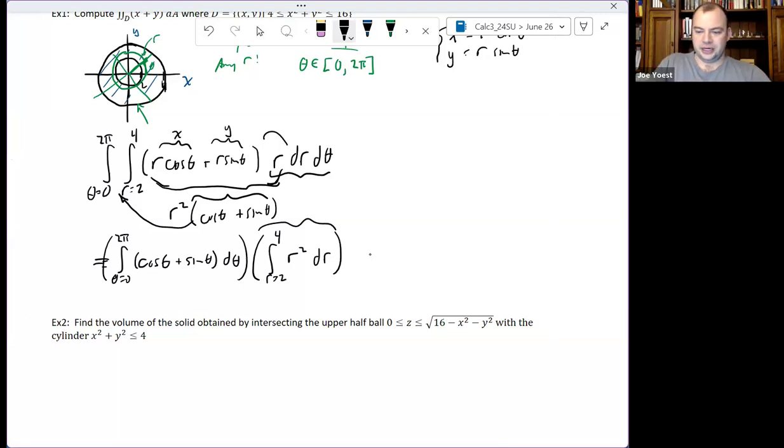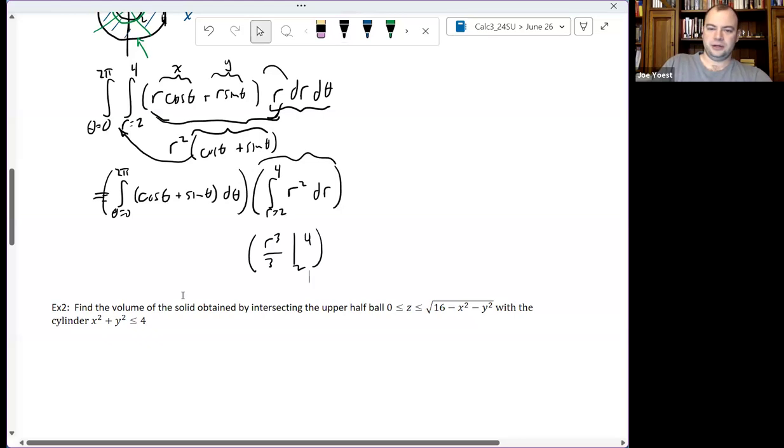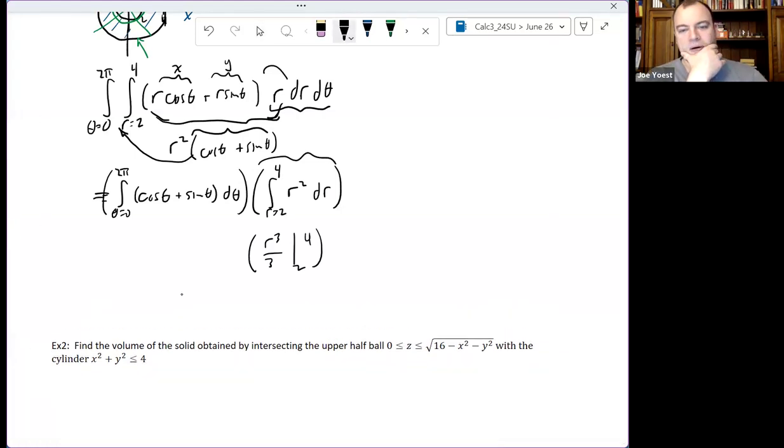And here we see we get r cubed over 3 evaluated from 2 to 4 for the second integral. This gives me, well, what? 4 cubed is 64 minus 8, over 3. My first integral, well, the integral 0 to 2 pi of cos theta plus sine theta.